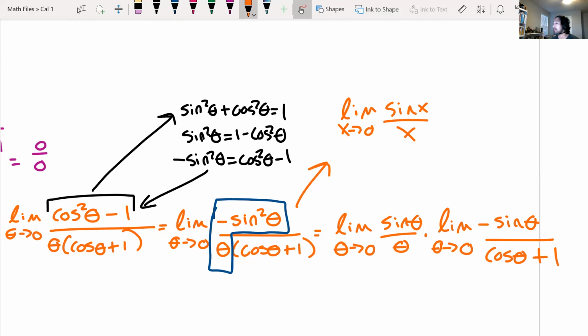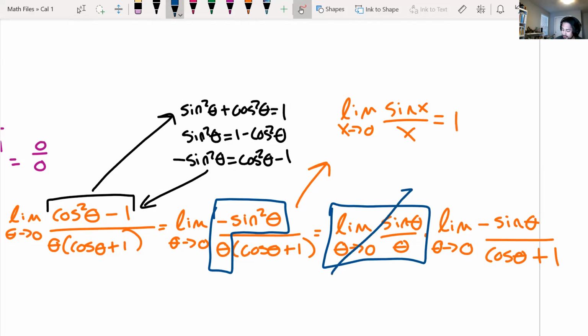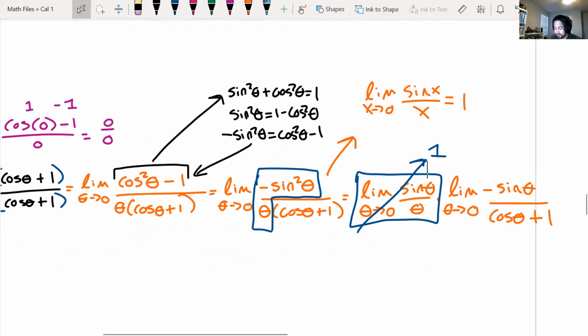Look at that. We haven't done anything wrong. All we've done is split it up. And now I ask you, what does this limit become? 1. This becomes 1. All right, we're almost there.